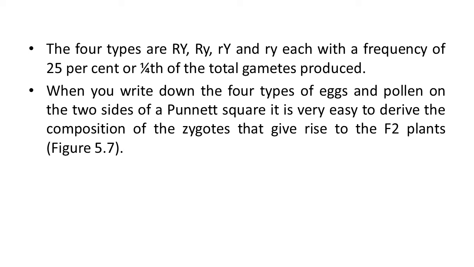By drawing this Punnett square, we take gametes from both sides, their possible fertilization and fusion, and in each and every square box we can write the resulting offspring genotypes. By this method, we can easily understand the possible genotypes in the next generation, the F2 generation.